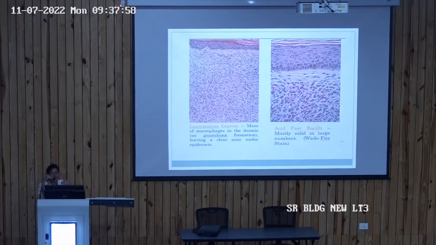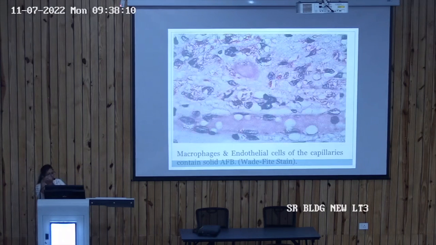So this is a Wade-Fite stain. Okay, in this also we can see bacilli. Okay, so these red compact masses we can see, that is globi. Can you see those red masses? See this. So all the macrophages are filled with those reddish colored blobs, if you can make out. Okay.